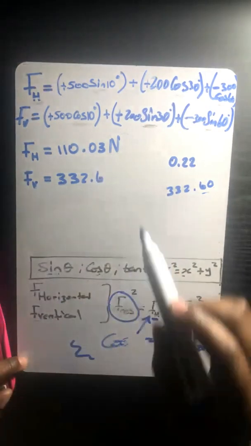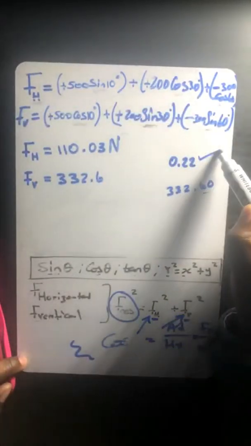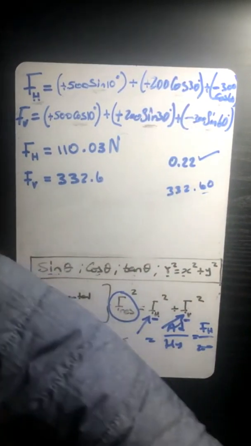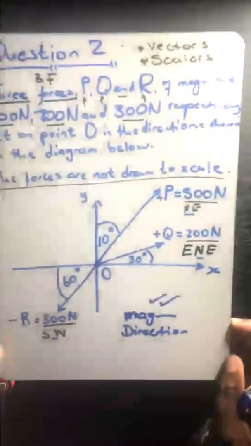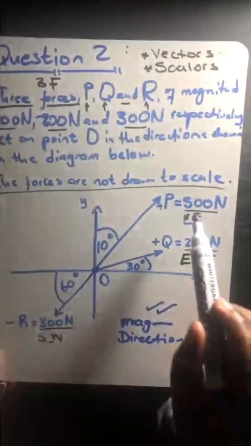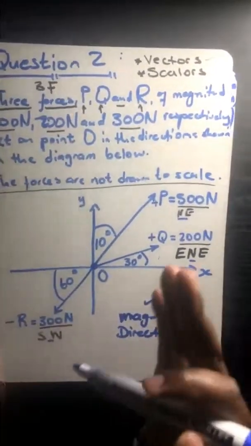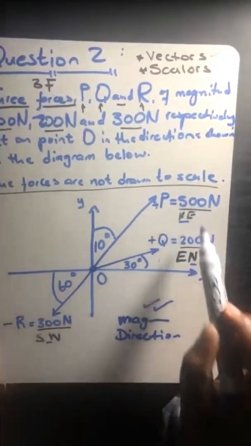Anyone else to confirm? LB, try to punch the first one again. There's no way it will be that, because if you remember, I'm just trying to visualize by looking at these forces: we had a force of 500, we had another one of 200. So it should be in that region, maybe between 500 and 200.